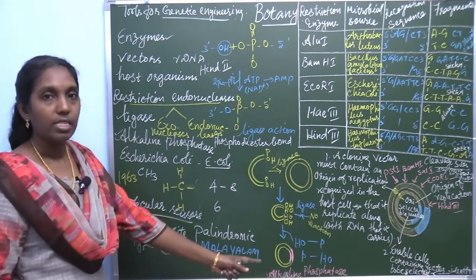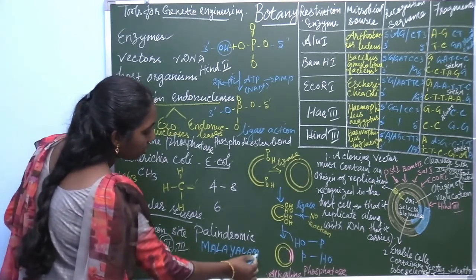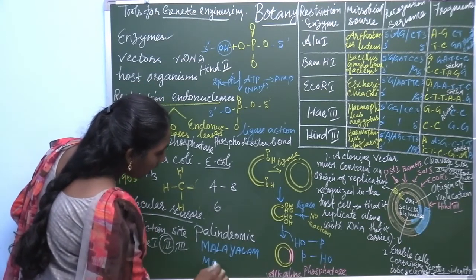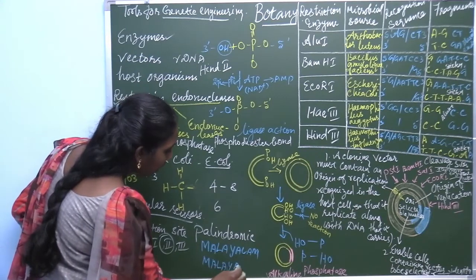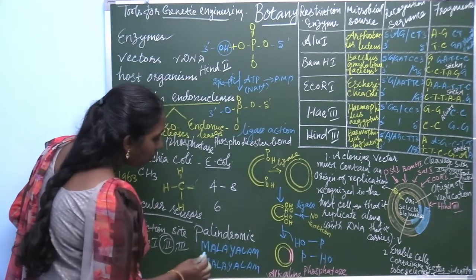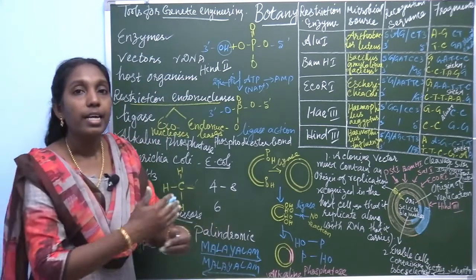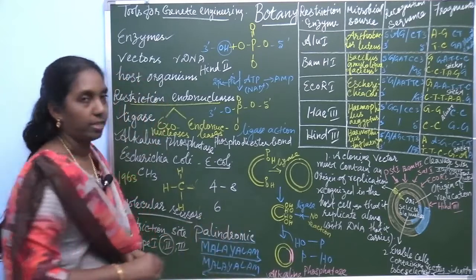See, whether you read in this direction or this direction, when you write M A L A Y A L A M, both directions read the same. So, this is called palindromic.